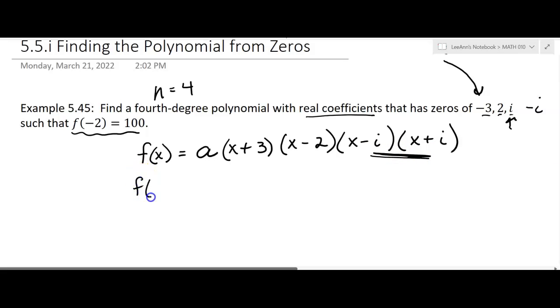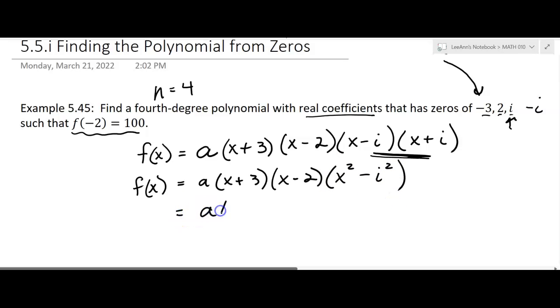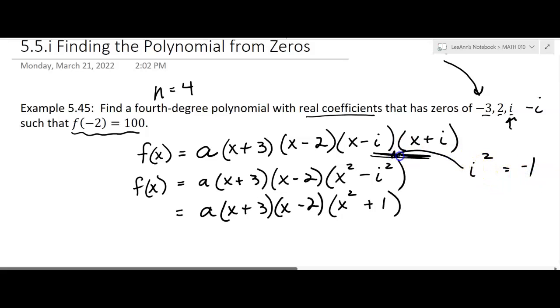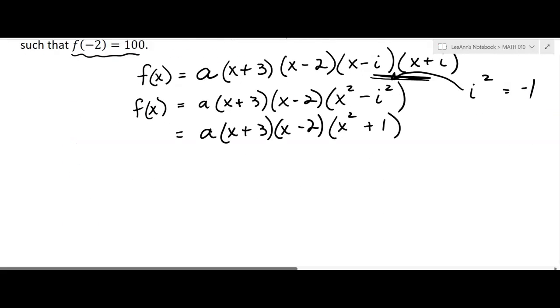So f of x equals a times x plus 3 times x minus 2 times x squared minus i squared, or if we simplify that, it's going to be x squared plus 1. Remember, i squared is equal to -1. So we're replacing the i squared with -1, and that's going to give us x squared plus 1. Okay, so I've got a start to my polynomial.